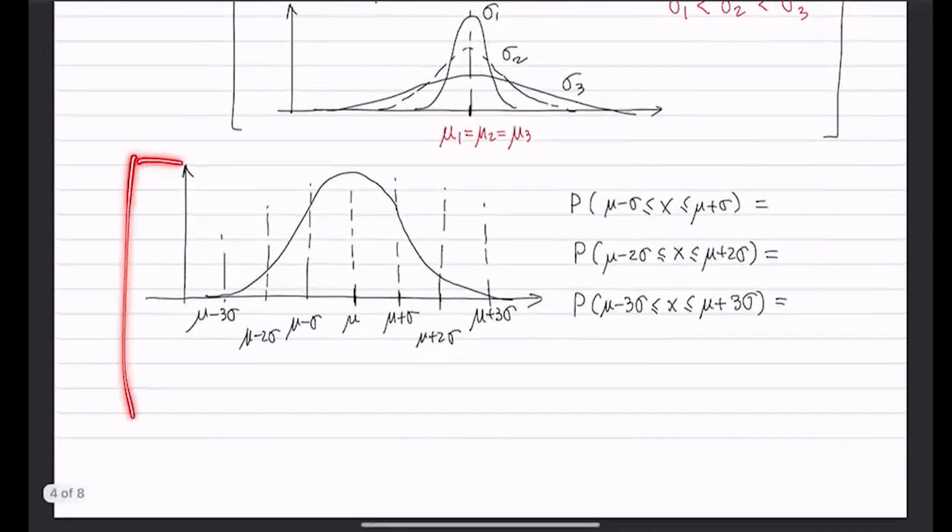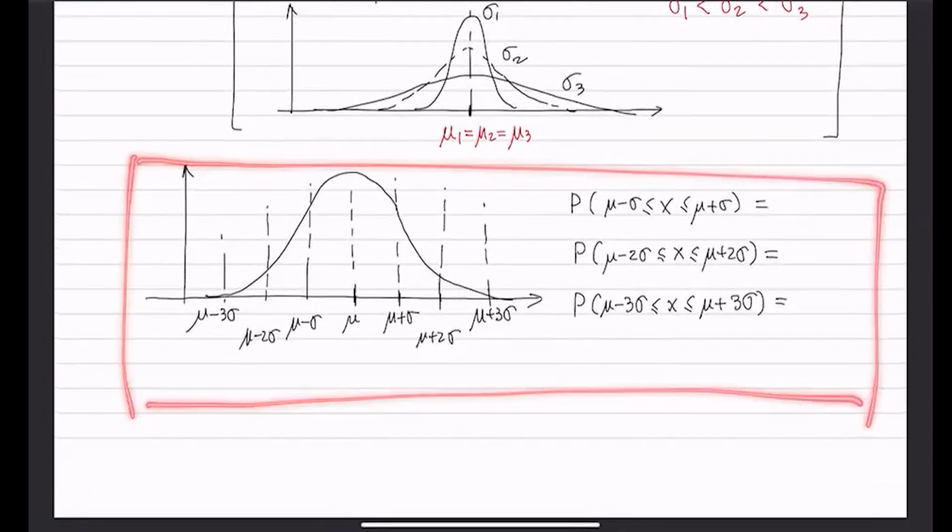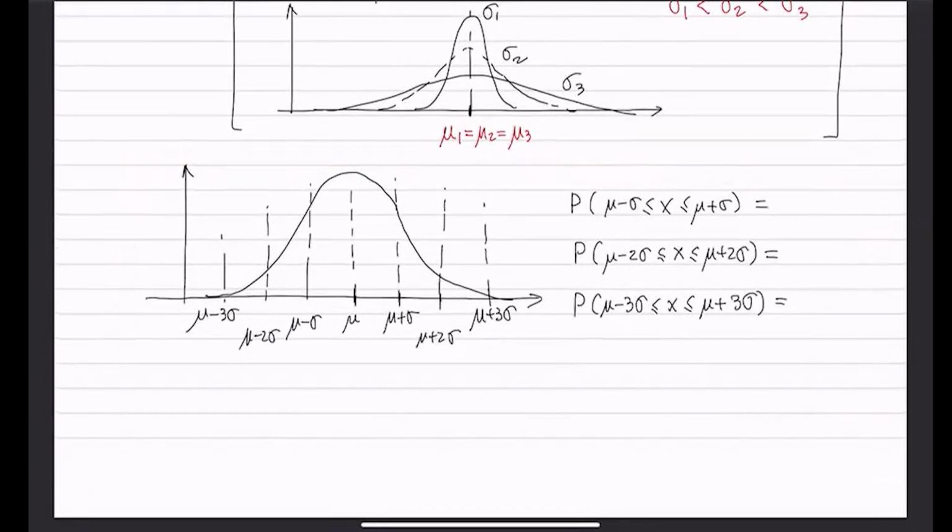So this one here is something that I want you to have in your head. Memorize these numbers, all right? And I want you to understand the concept behind it, all right? For any normal distribution or any bell curve, this property works. 68% of your measurements are going to fall between plus and minus 1 standard deviation from your mean value.